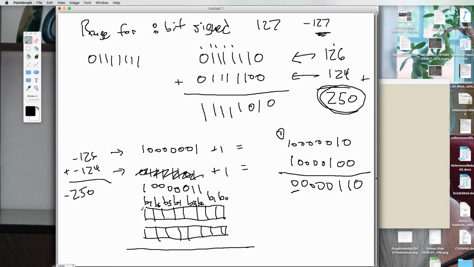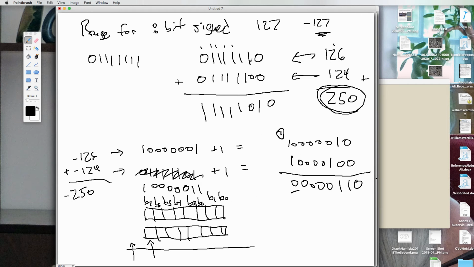I'm concerned about whether there is a carry into the 7th column, and I'm also worried about whether there is a carry out from the 7th column. Now remember, I'm saying 7 because we're starting at 0. It's actually the 8th bit.